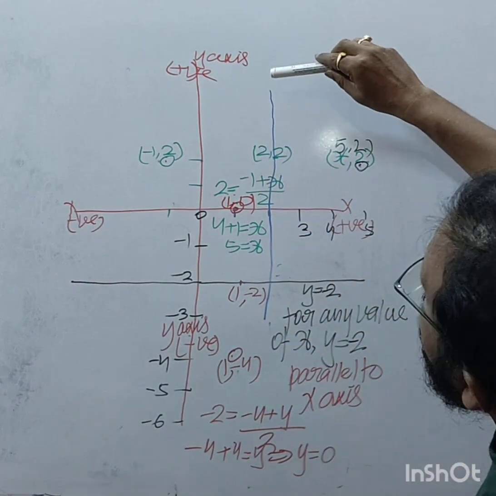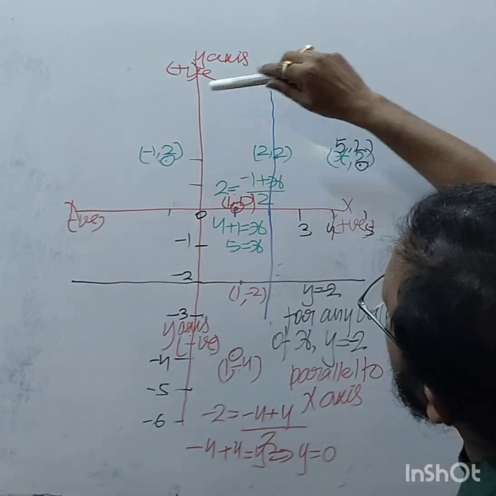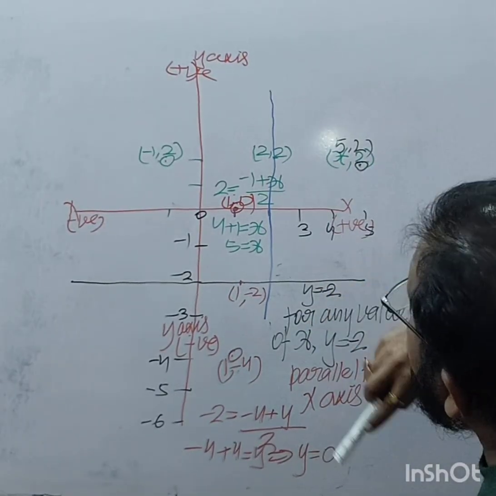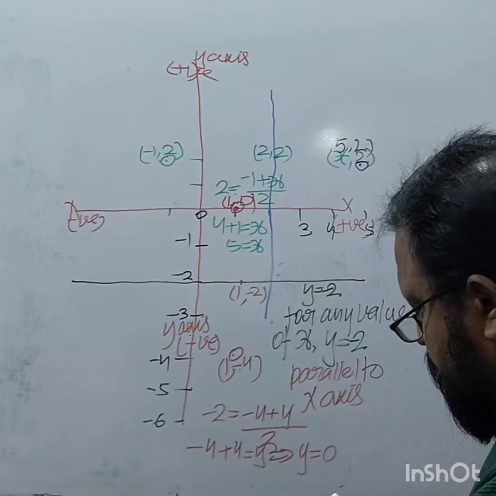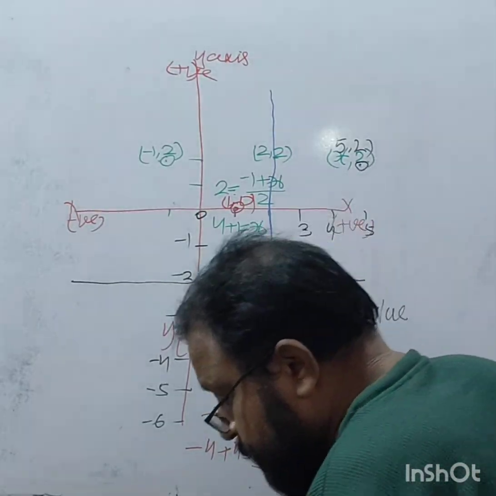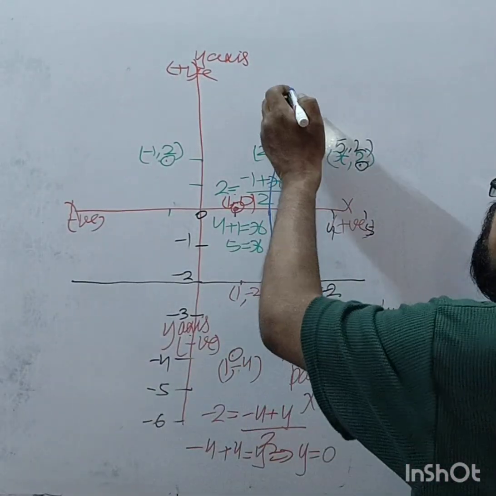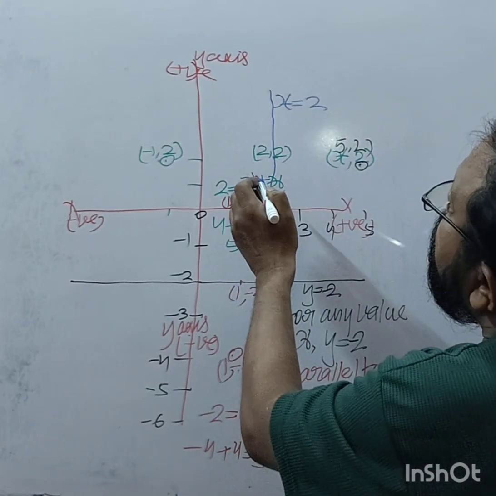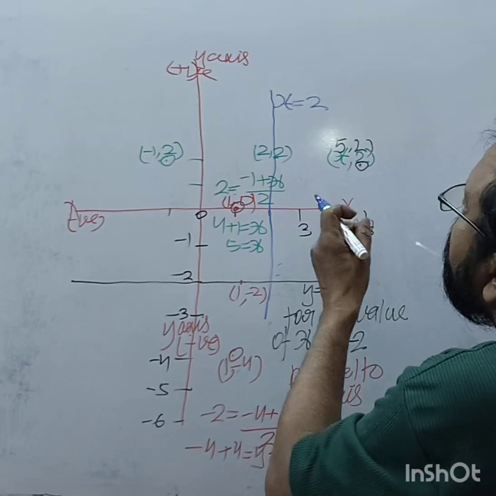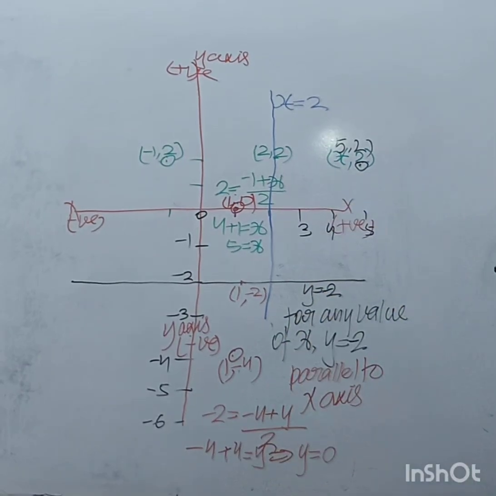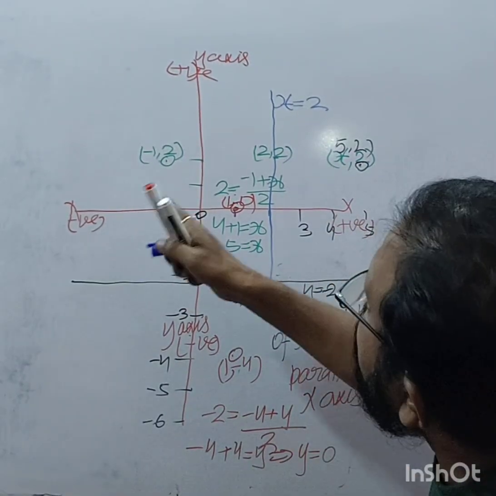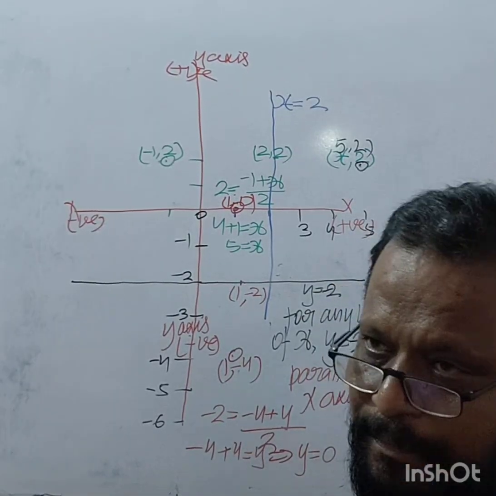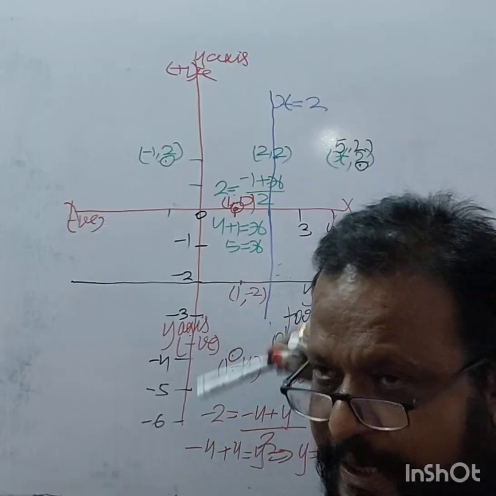And when the reflection of minus 1 comma 2 is with x is equal to 2, then coordinates are 5 comma 2, right? So the value of y remains the same. Here the value of y remains the same. Here the value of x remains the same.